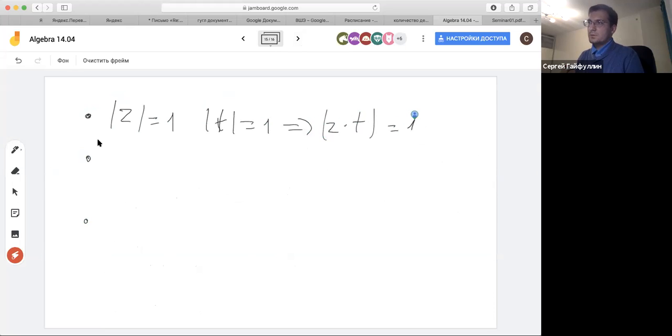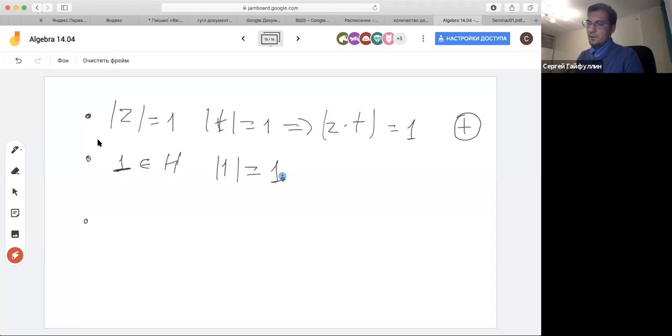Yes, this is a well-known property of complex numbers. The second, the neutral element, which is 1, belongs to our subgroup, because the modulus of 1 equals 1.